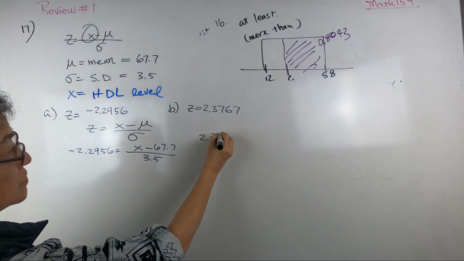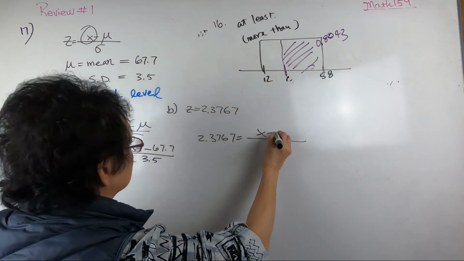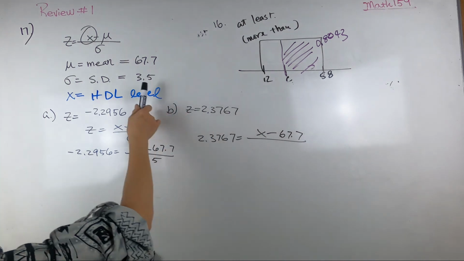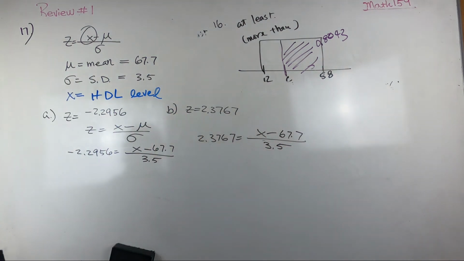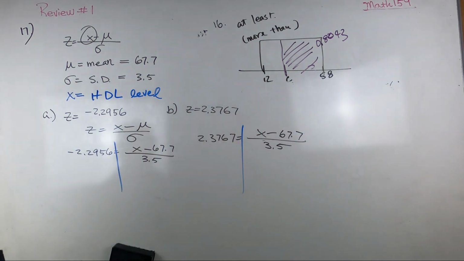Z is 2.3767 equals X minus mu, 67.7. Then sigma is 3.5. Then find the X value. Z values are given differently. So you need to do that, right?